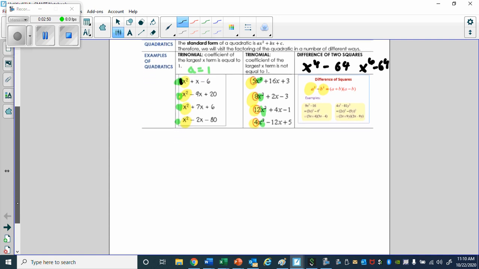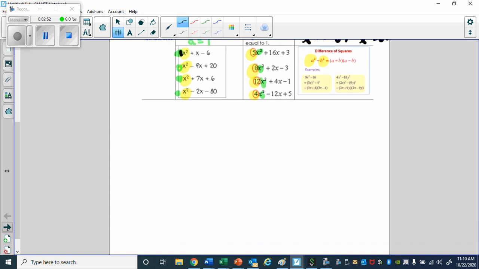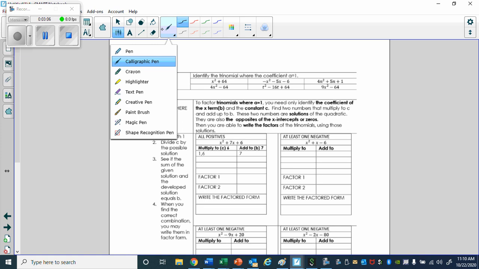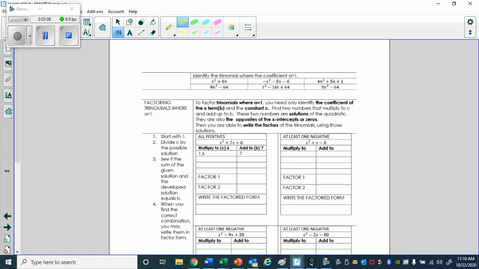Now, we're first going to figure out how to operate with trinomials where the coefficient a equals 1. But firstly, let's identify trinomials that look like that here below. And you can use your highlighter in Google Docs or in Microsoft Word. So here the coefficient is 1, but there's only 2 terms.